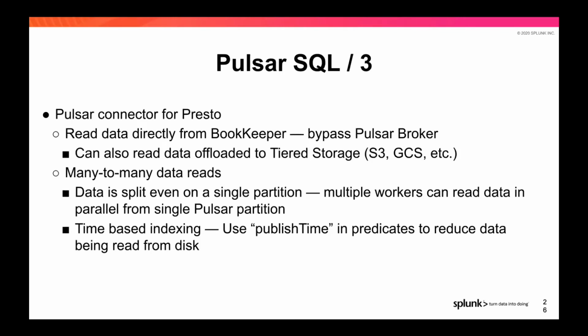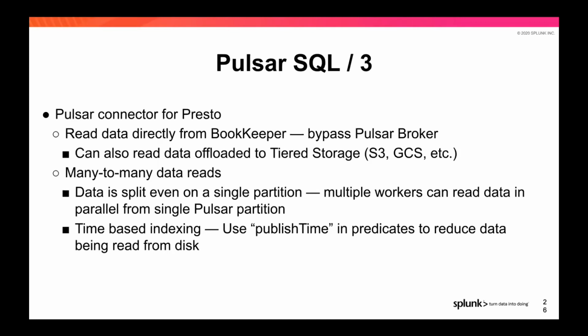So we're not limited by any constraints of a single partition, as long as the partition is replicated in a reasonable manner across bookies and machines. We can leverage the disk I/O bandwidth as well as the network bandwidth to read that data out.